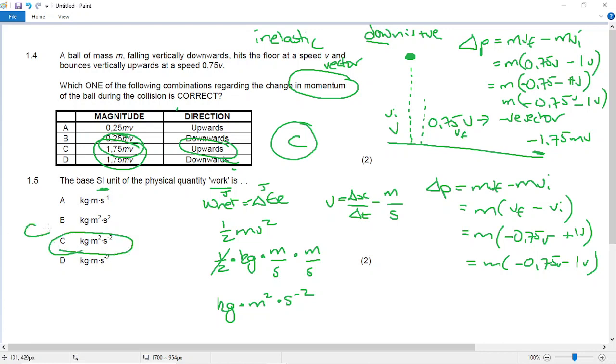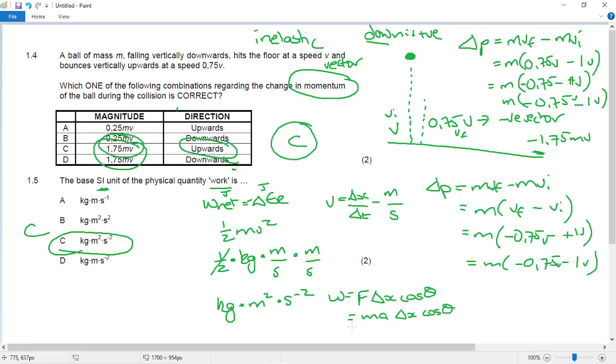So if you don't know the SI unit, you take any formula for whatever they're asking and substitute the units for all of the variables in the formula. You can also do it with F delta x cos theta, which is also the formula for work. F is ma, delta x cos theta.